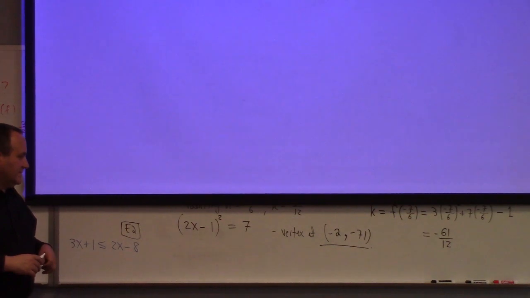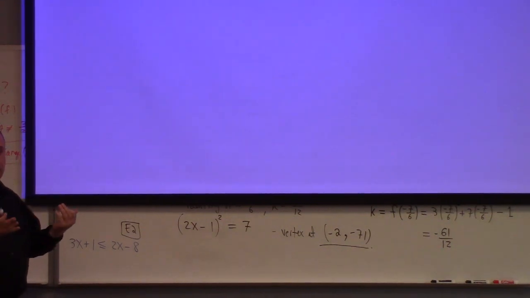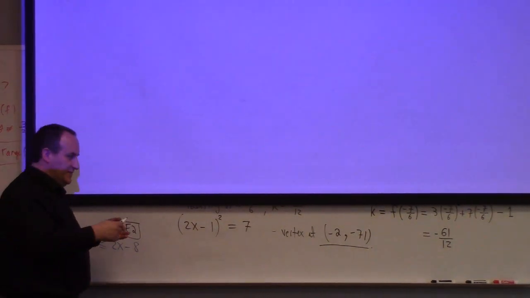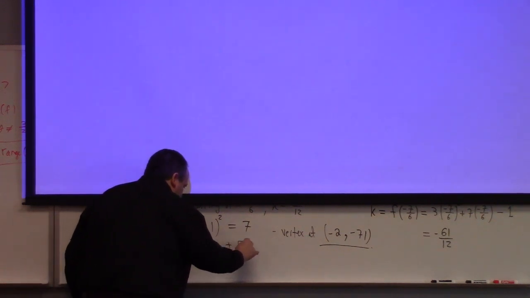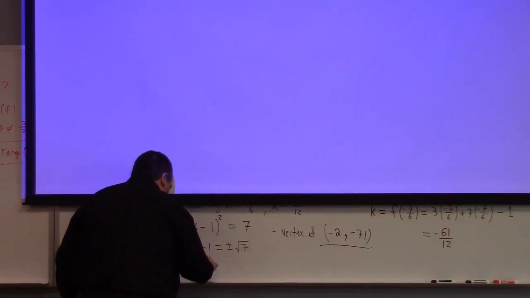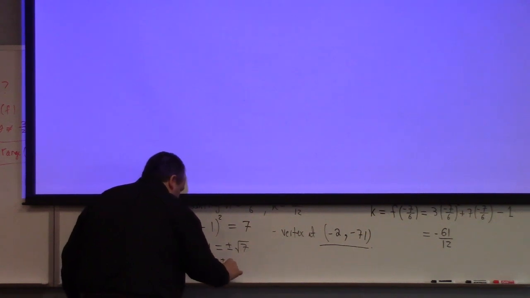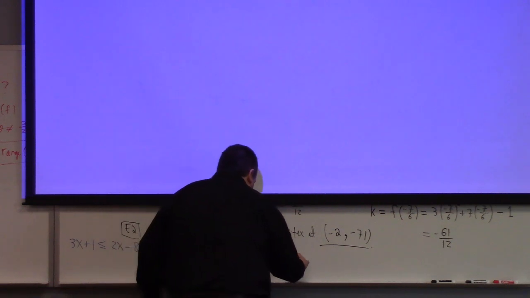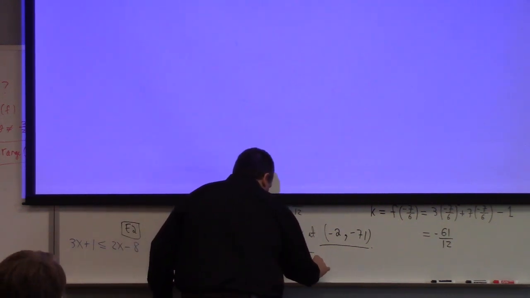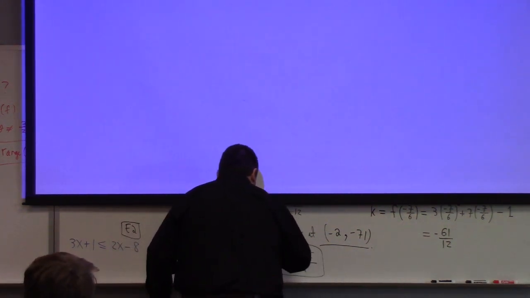I would use the square root property, right? So this tells me 2x minus 1 is plus or minus the square root of 7, which tells me 2x is equal to 1 plus or minus root 7, which tells me that x is equal to 1 plus or minus the square root of 7, divided by 2.